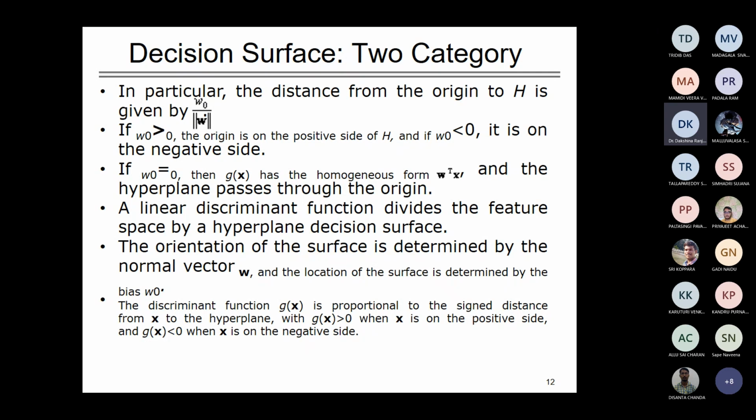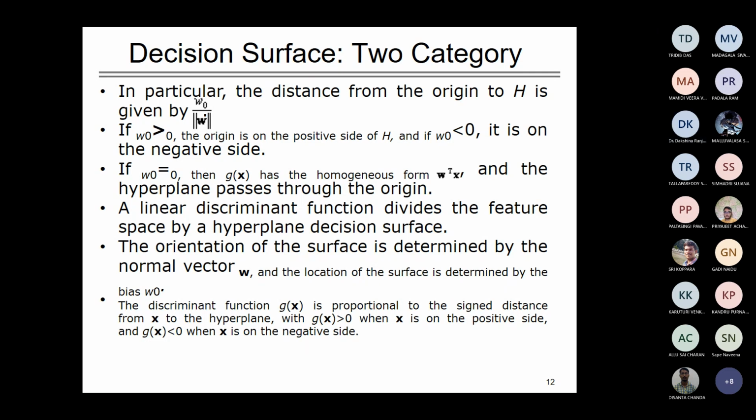So from here we can get two important pieces of information. One is the orientation of the hyperplane, the decision surface, and another is the location of the surface. The orientation of the surface is decided by the normal vector w, and the location of the decision surface, or the hyperplane, is decided by the bias value w0.